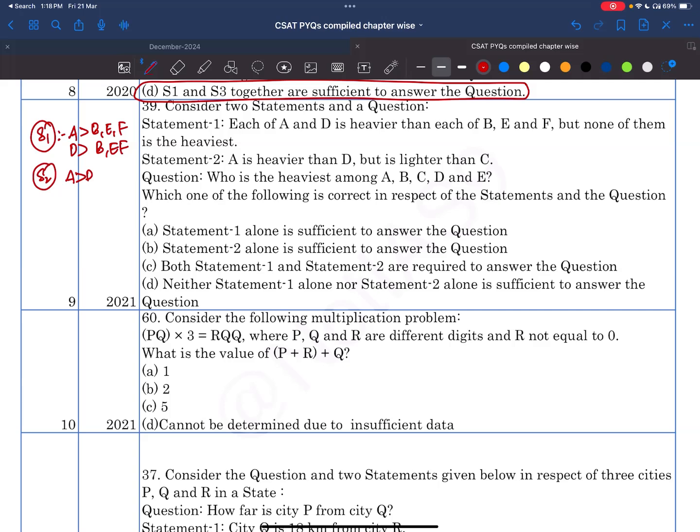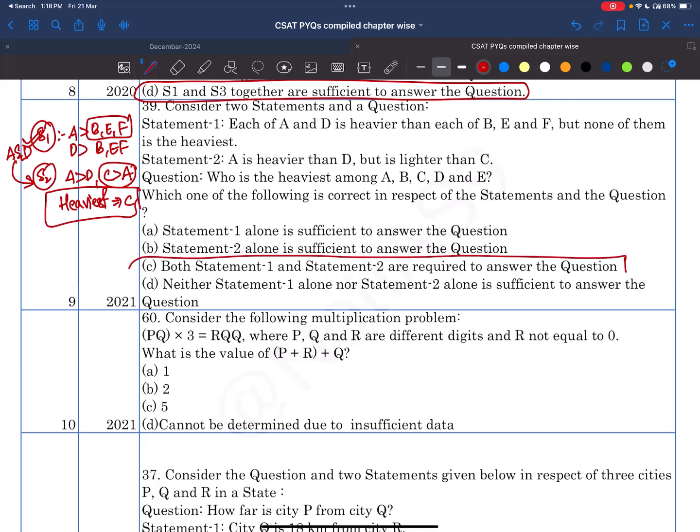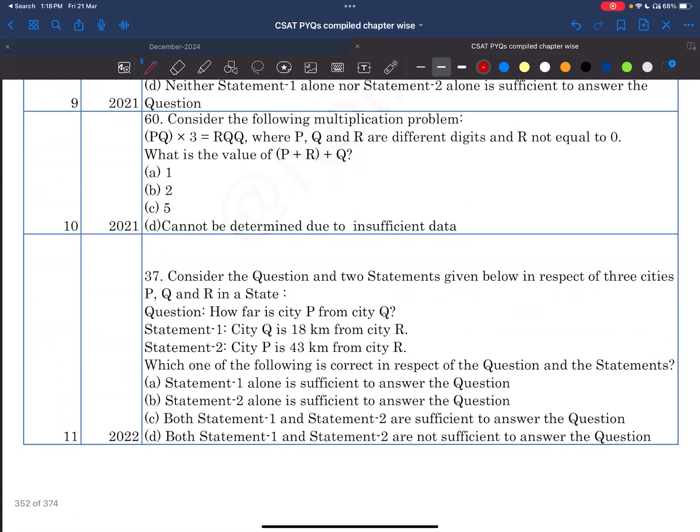A is greater than D and C is greater than A. That means who is the heaviest person? Heaviest is C, right? C is heaviest. We need both the statements, right? From here, we got that A is greater than B, E and F. That means these three people are not the heaviest, but we need the relation between A and D, right? This relation we got from statement number 2, right? That means both the statements are required to answer the question, right?